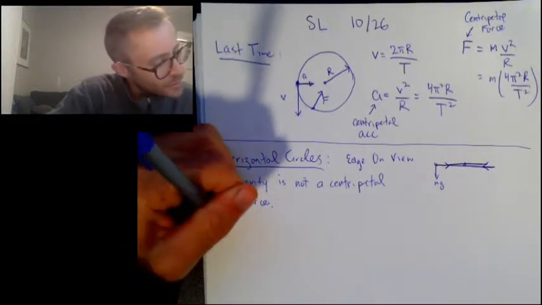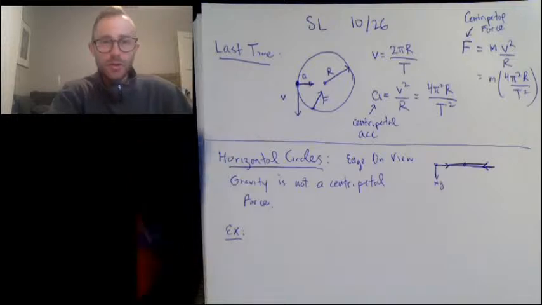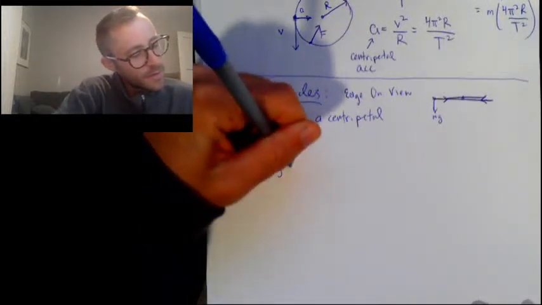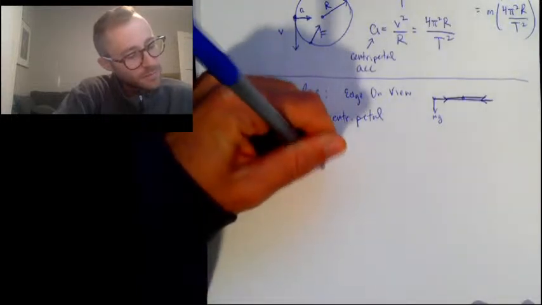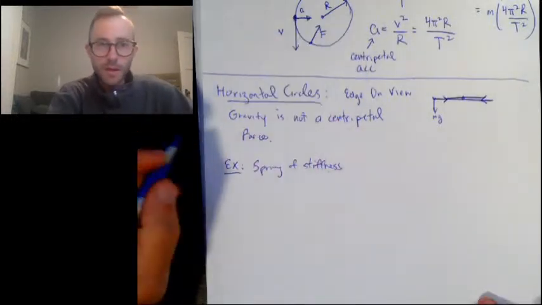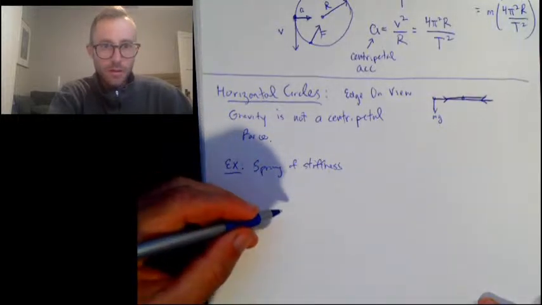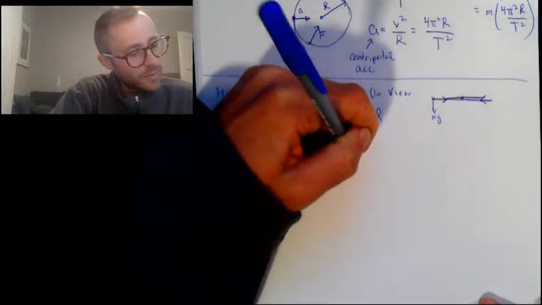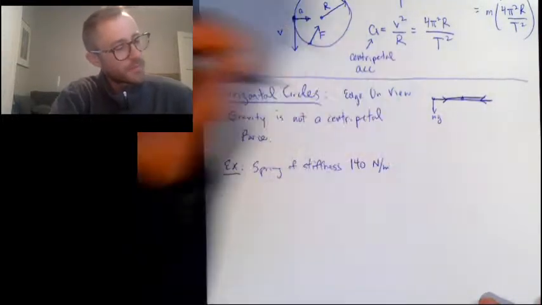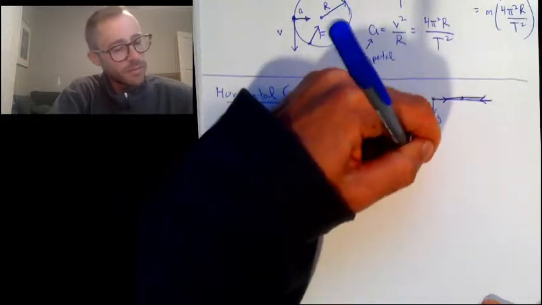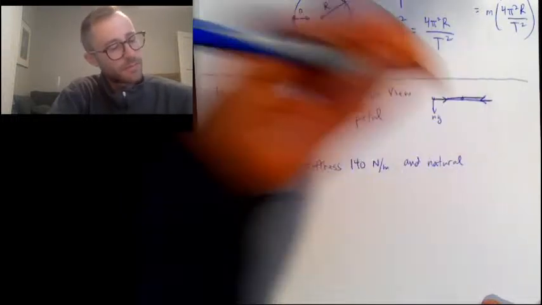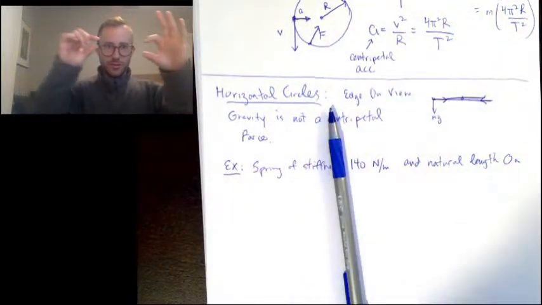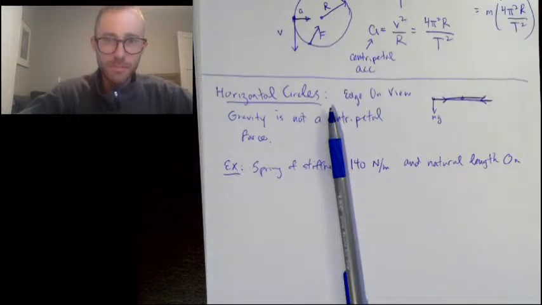Okay, so let's do an example. Let's suppose you have a spring of stiffness 140 newtons per meter and natural length 0 meters. So this spring just has length 0.